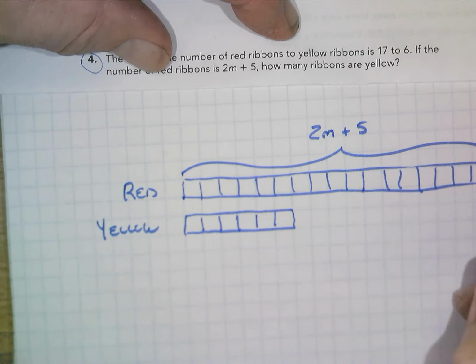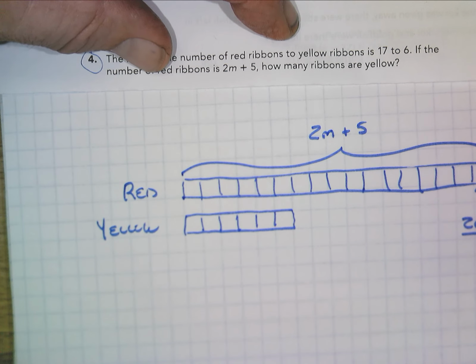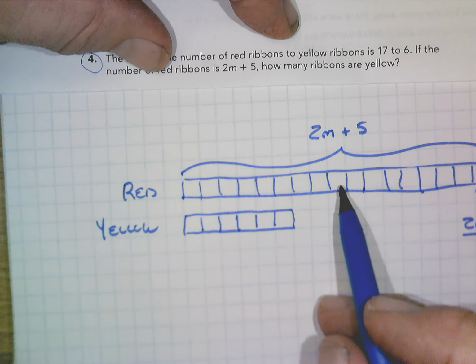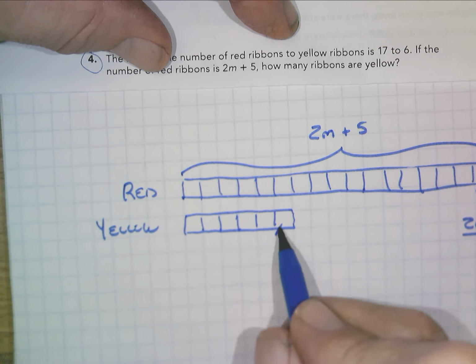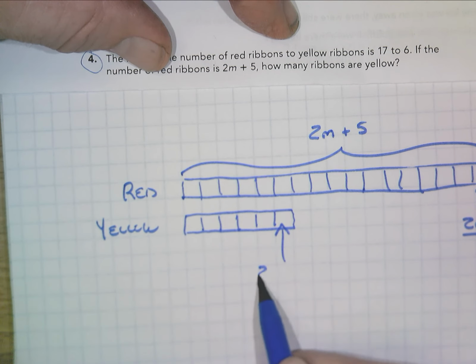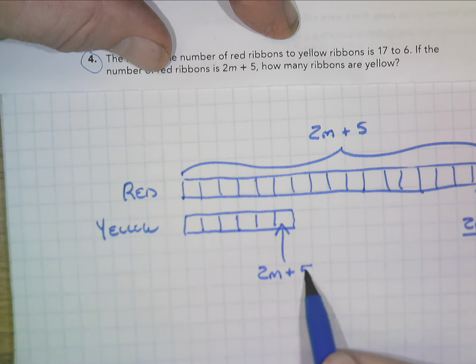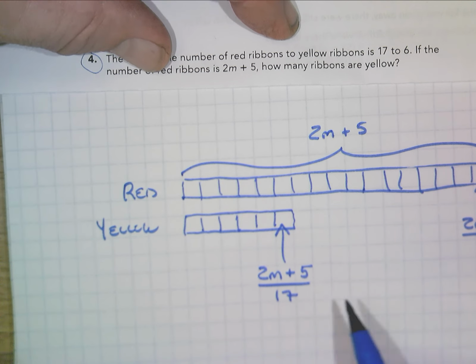That means each piece is 2m plus 5 divided by 17 because there are 17 pieces. And I said we formed the ratio by making sure that each box was the same size. So that makes the length of this box 2m plus 5 divided by 17.